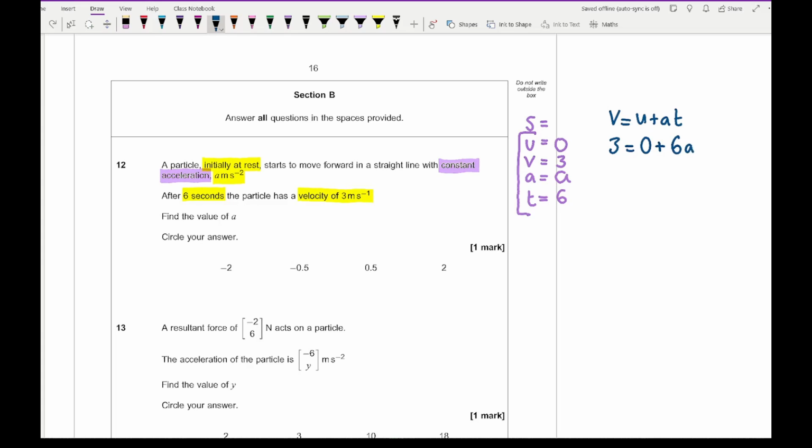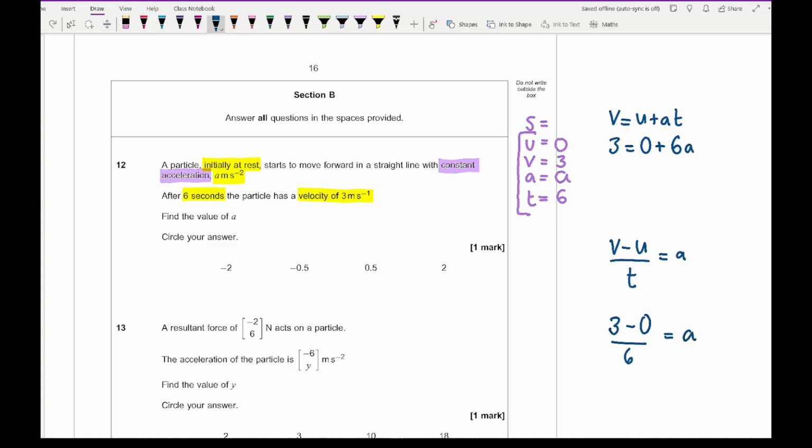Or you could rearrange v equals u plus at and make a the subject. So that would be v minus u divided by t is equal to a. And you can substitute those values into here as well. 3 minus 0 divided by 6 is equal to a.